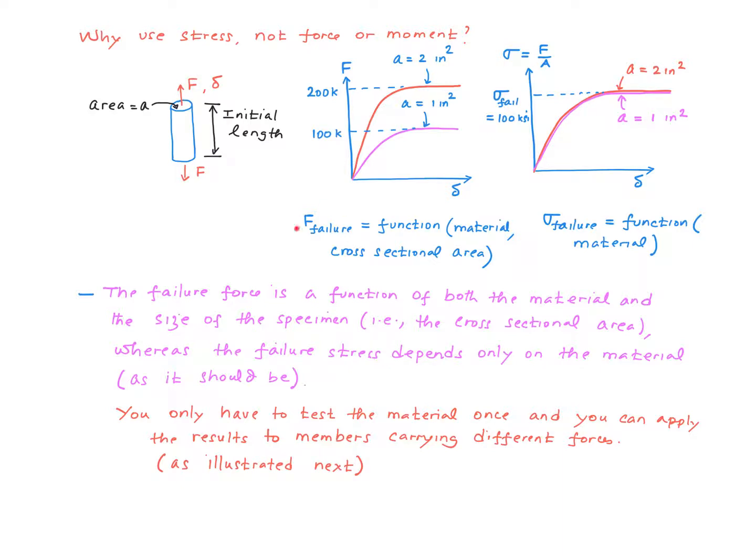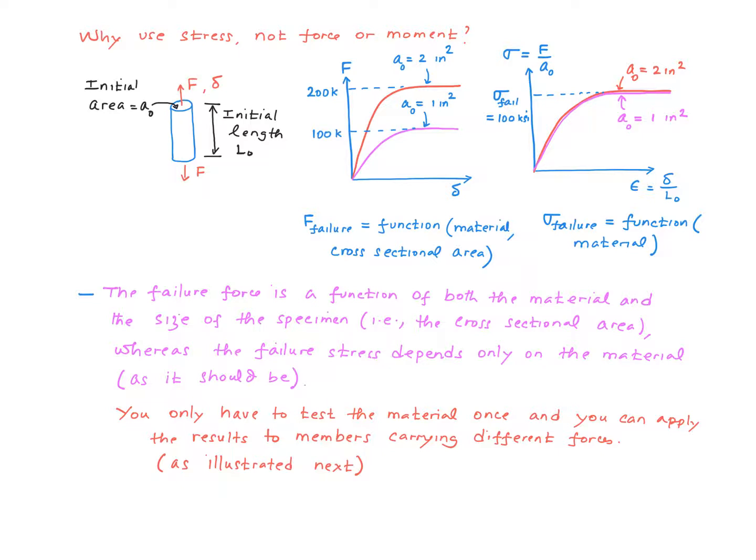In other words, the failure force depends on not only the material type but also the cross-sectional area. On the other hand, if you calculated the stress and the strain like we normally do and plotted a relationship between the stress and the strain, you would find that the 2 curves would approximately coincide. There's of course always an experimental scatter, right?